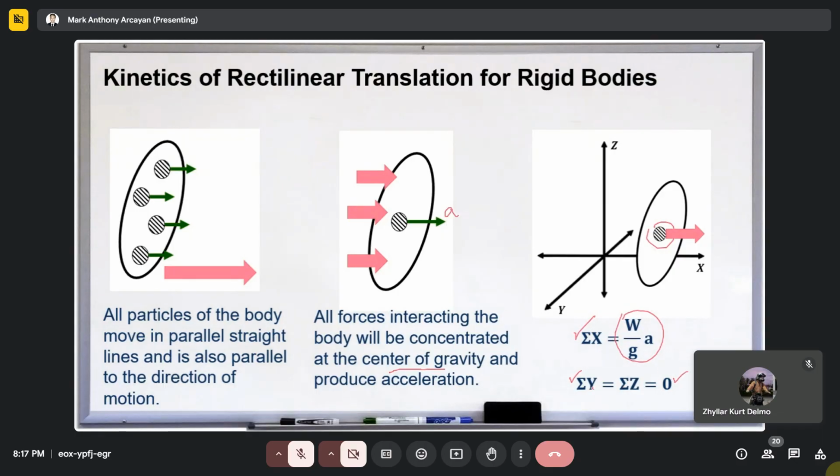Therefore, if we take the sum of all the forces that are oriented in these two axes, it does not produce any acceleration because our object does not translate on these two axes. It only moves or translates on the x-axis. That is why the right side of these two summations is equal to zero.